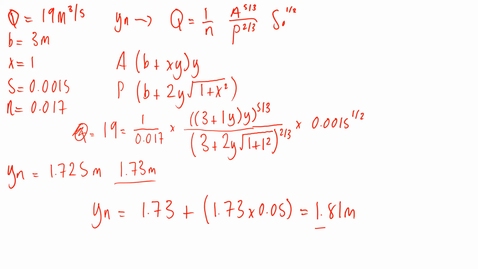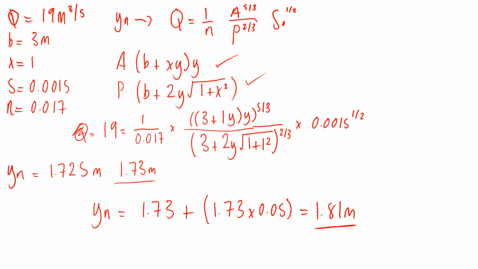So that is the normal depth plus 5%. So you're integrating from 4 meters up to 1.81. That's the first part of the question, and again, you need to know these equations.